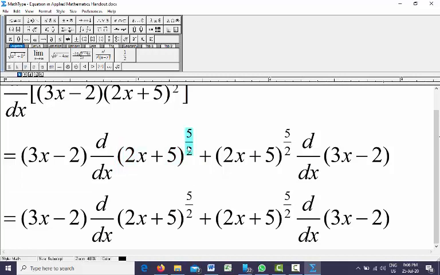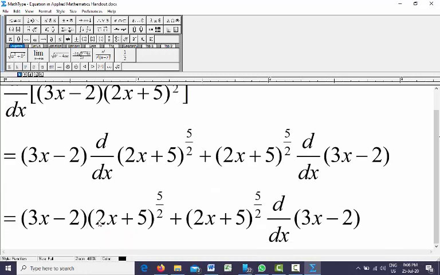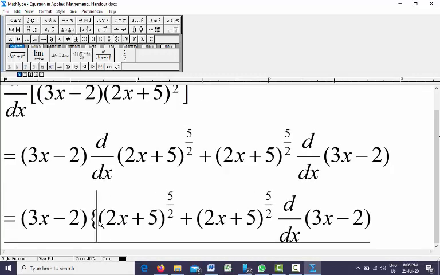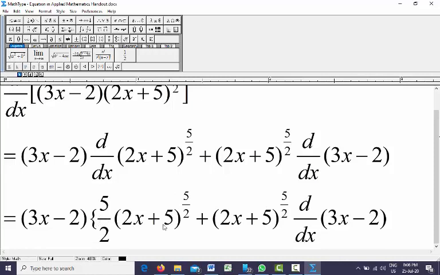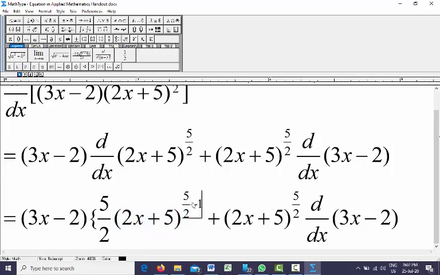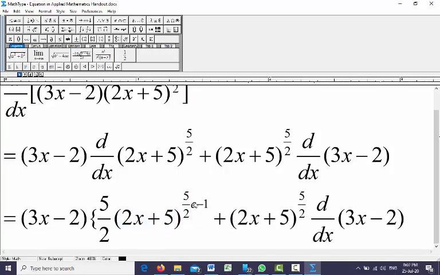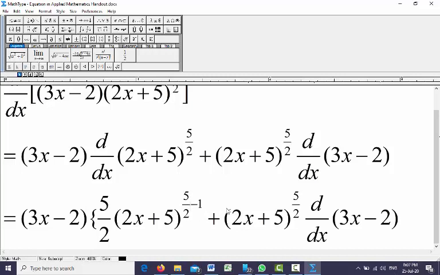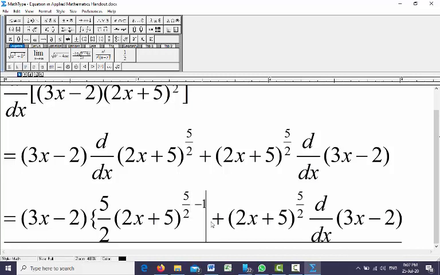So the power will come first: you need to write the power first, and from the existing power you should deduct 1.